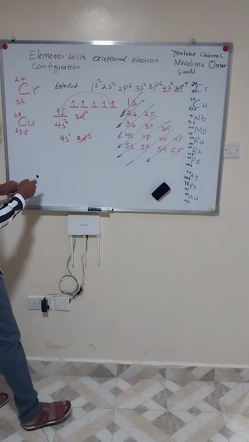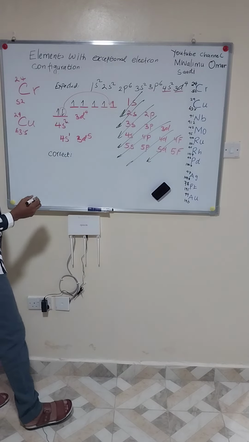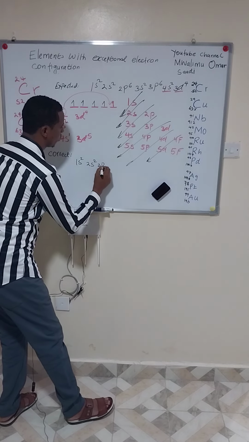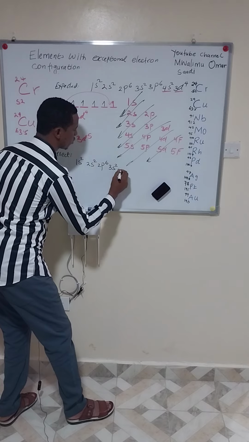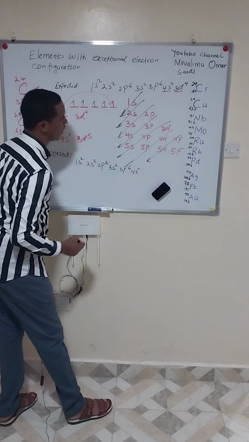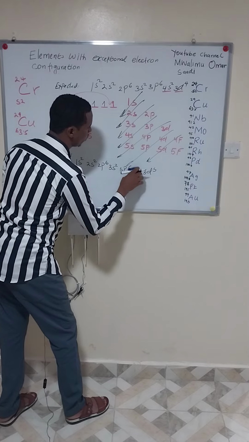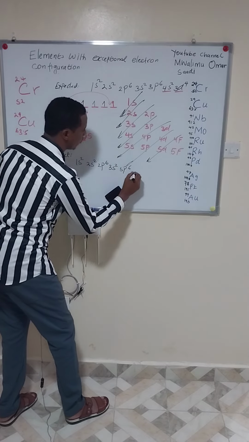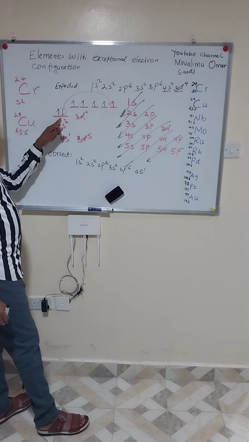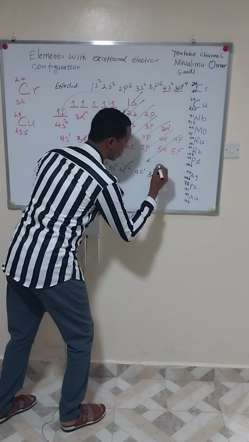So the correct electron configuration will be 1s2, 2s2, 2p6, 3s2, 3p6, 4s, no, not 4s2. 4s will only have 1 electron because 1 electron has moved from the 4s to the 3d, and 3d will have 3d5.